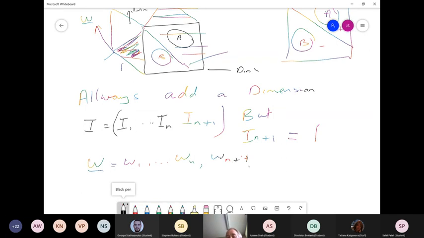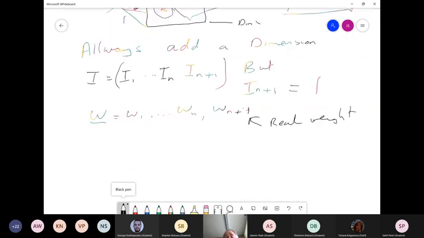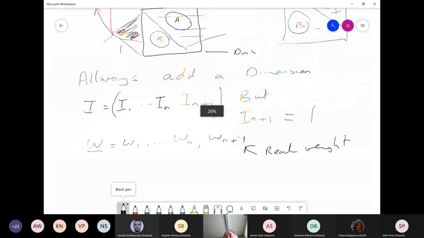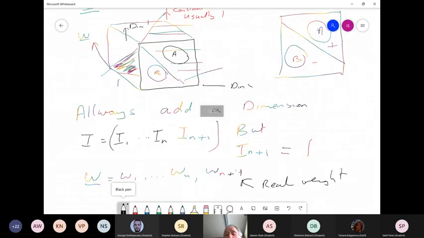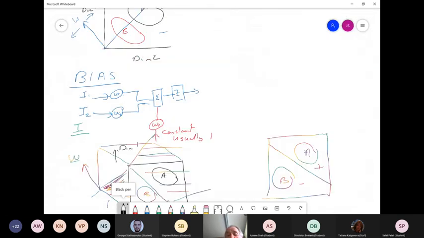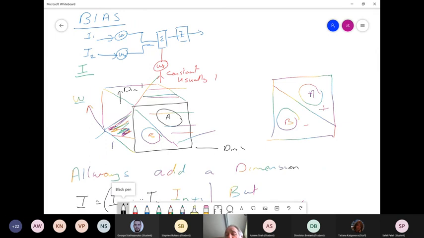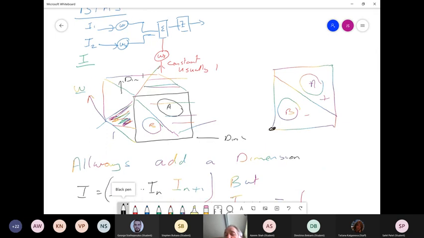And that is a real weight. So, just to give you an example, it also enables us to classify patterns at the origin.